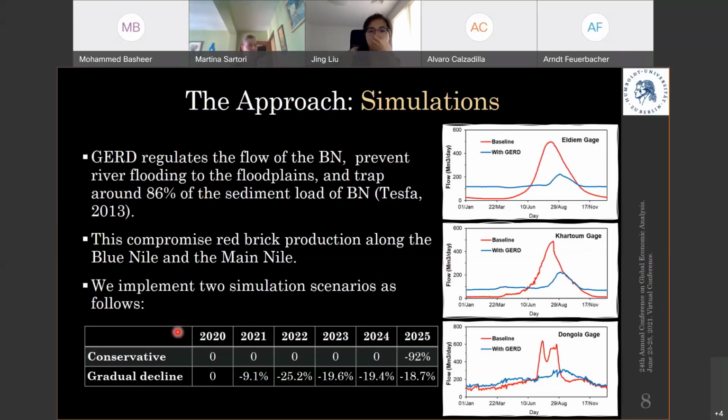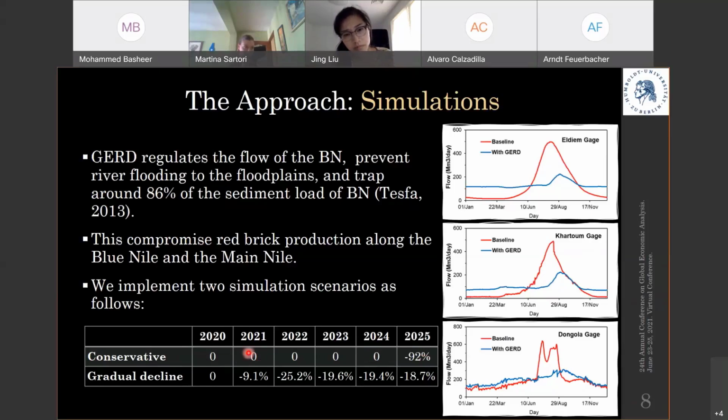Now, we formulated two scenarios. One we call the conservative scenario, and the other we call the gradual decline scenario. In the conservative scenario, we assume that the 92% reduction in the production of red bricks in Sudan occurs in 2025, following the initial filling period of the dam, because once you build a dam, you need to fill it first, and then you start using it.